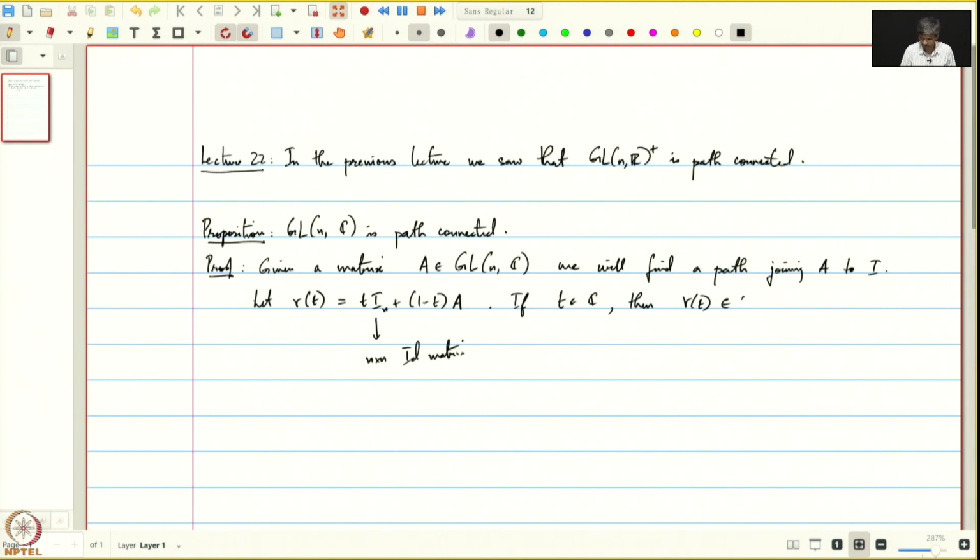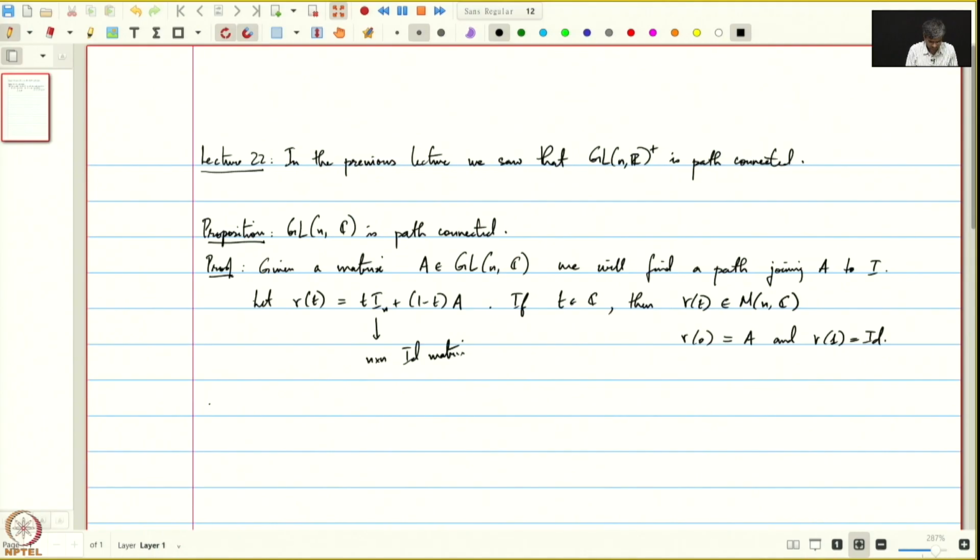It is an n cross n matrix with complex entries, right. Note that gamma(0) is equal to A and gamma(1) is equal to identity.